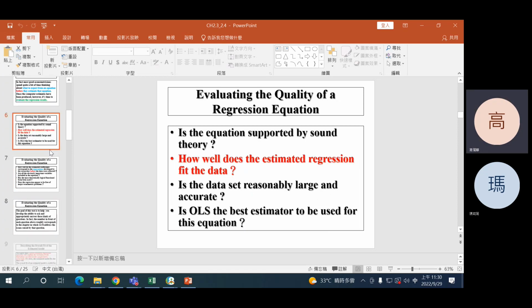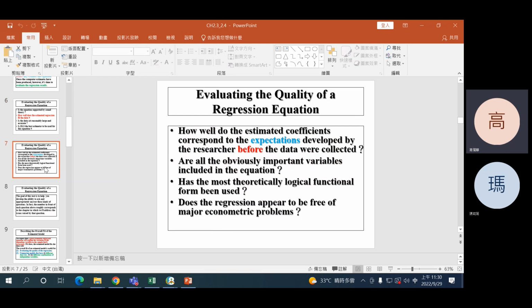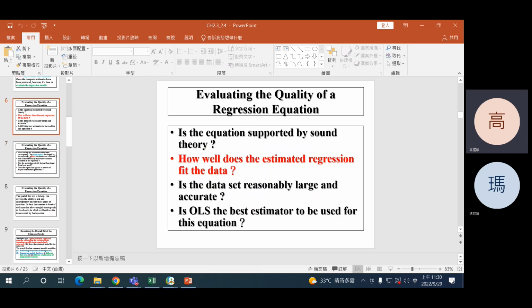Okay, there are 8 points. You have to know it. You have to ask yourself. The first one: is the equation supported by sound theory? Actually, theory is a very important part. That's the rationale behind the regression equation.